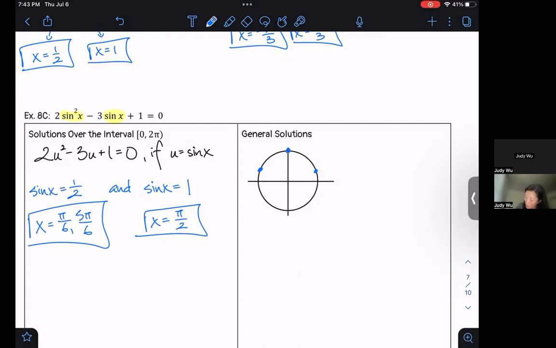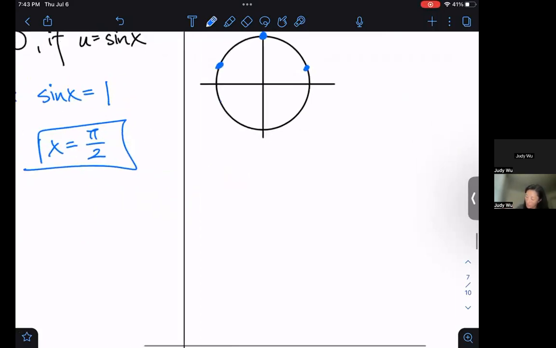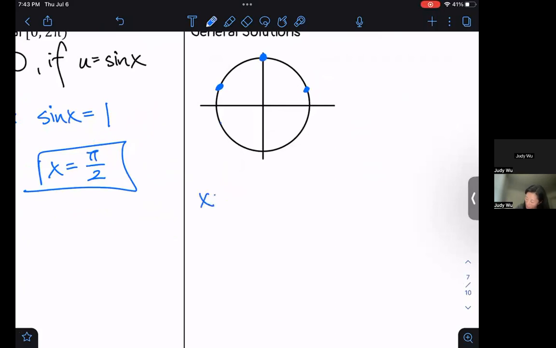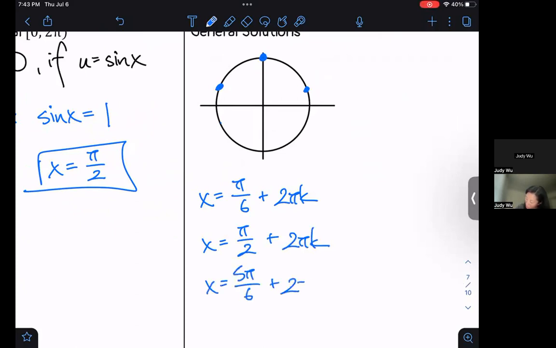And then I also have this pi over 2, which I'm going to have to write with a separate plus 2 pi k. So no shortcuts here. x equals pi over 6 plus 2 pi k, x equals pi over 2 plus 2 pi k, and x equals 5 pi over 6 plus 2 pi k, and for all of these, k is an integer.